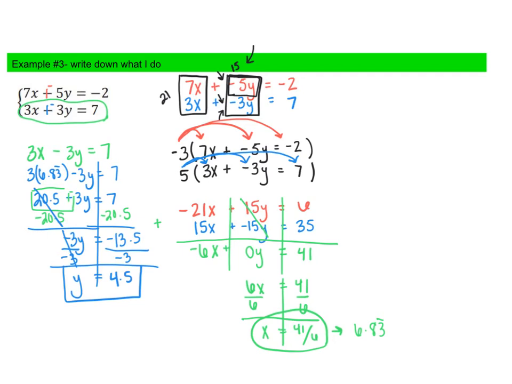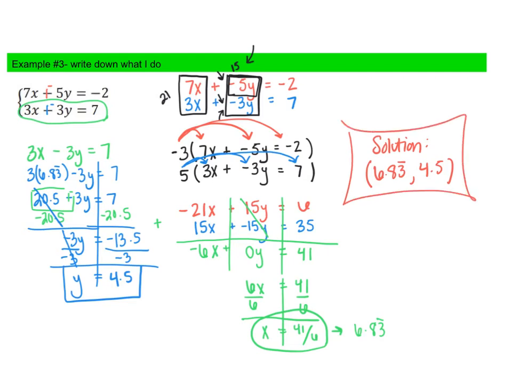So now I have my x and my y, so the solution to this system of equations is 6.83 repeating for my x, and 4.5 for my y. I know that this is a lot of math, so you guys need to make sure that you are being very meticulous, very detailed, very organized, so as not to make minor mistakes as you go, okay?